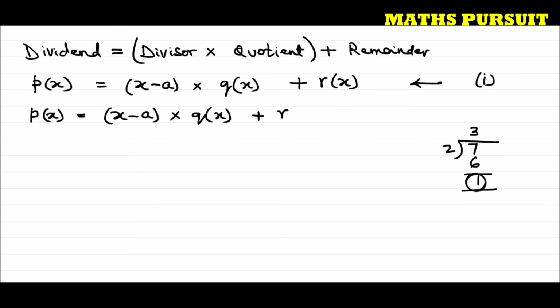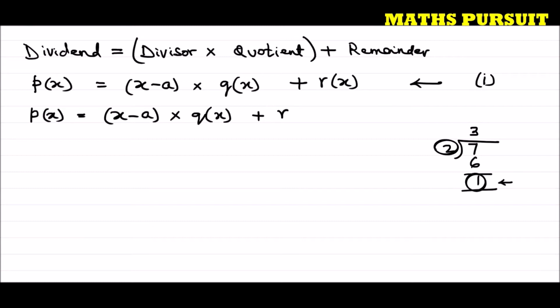This remainder will be either 0 or less than the divisor. Here the divisor is 2 and the remainder 1 is less than 2. So this is the condition at all times. That means the remainder is always either 0 or less than the divisor.